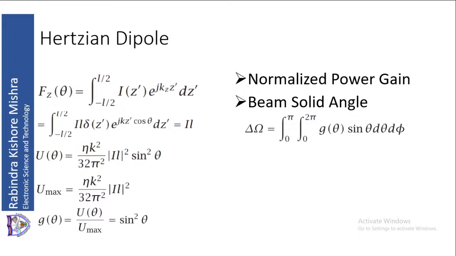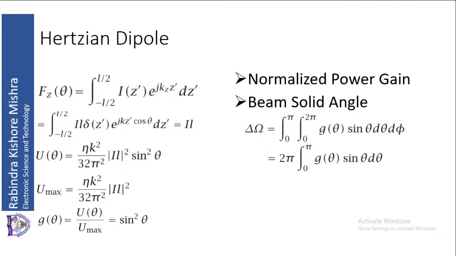Now you remember the beam solid angle, which we defined as delta omega, the surface integral over theta from 0 to pi and phi from 0 to 2 pi of G theta sin theta. The integrand is dependent only on theta, therefore it is independent of phi.